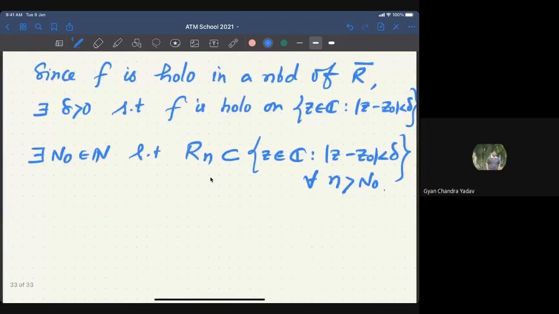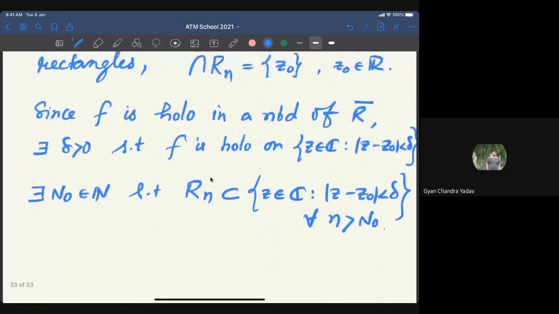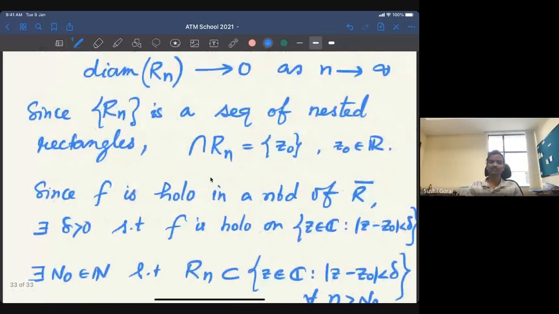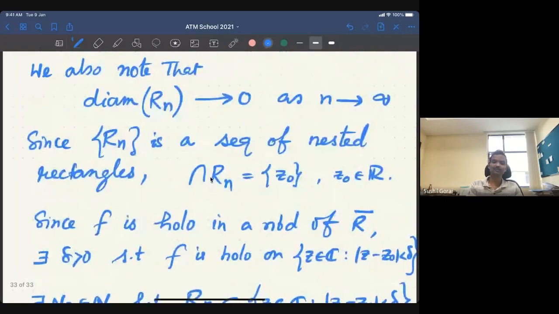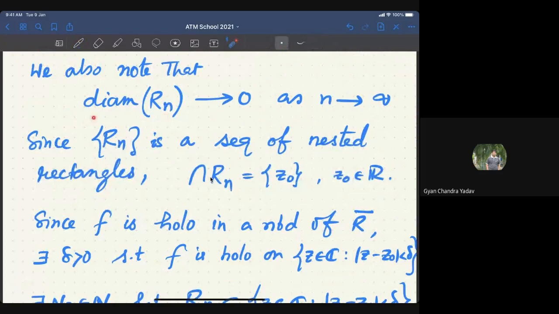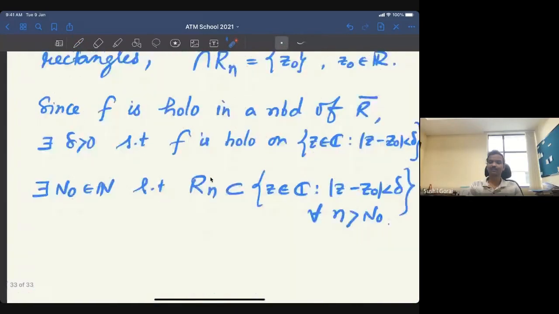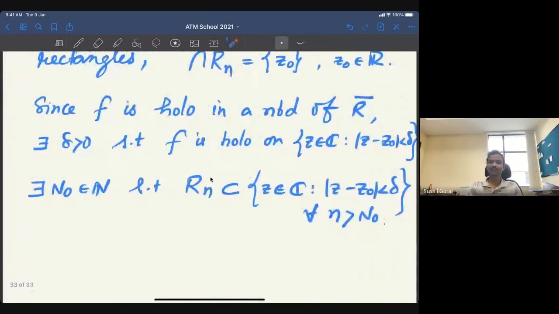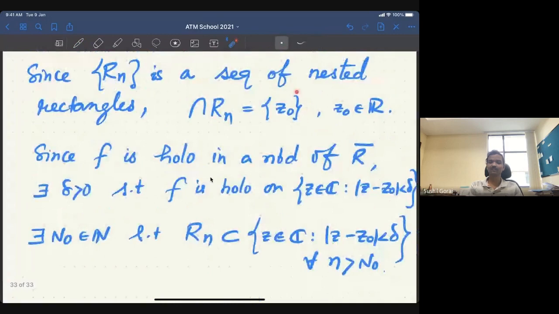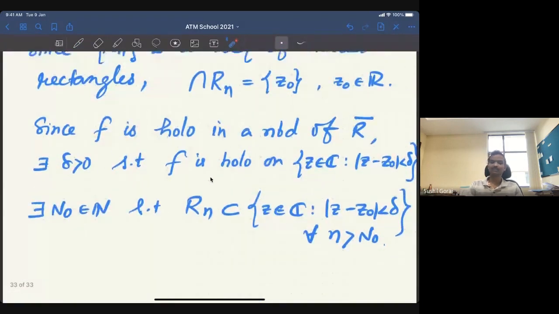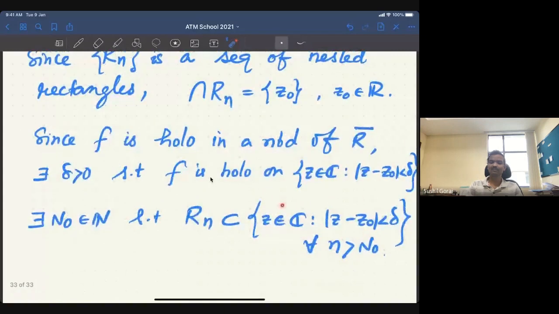Sir, repeat the last argument. Yeah, so the diameter of Rn converges to 0, right? Yes, sir. So whatever delta you take, the intersection is Z0, right? Z0 is in Rn for all n. So that means if you take a neighborhood of Z0, your Rn will be inside it for large n.